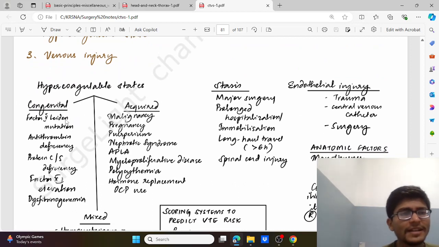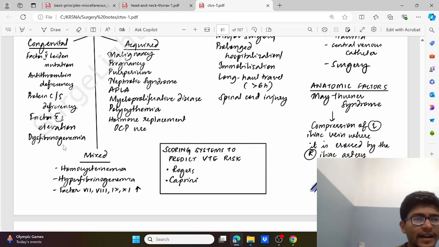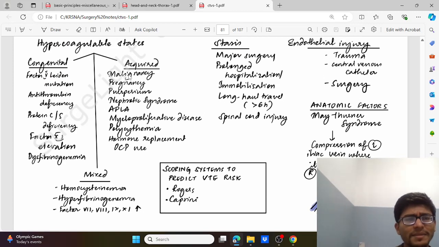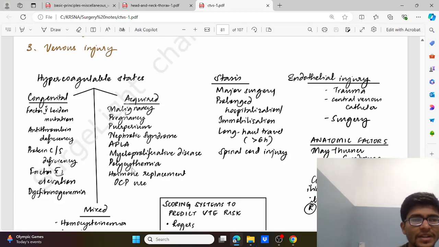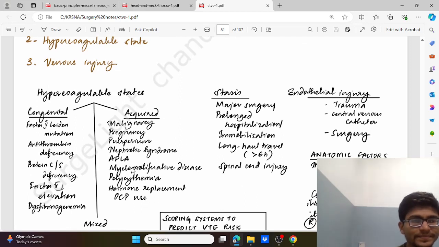Congenital causes are factor V Leiden mutation, antithrombin deficiency, protein C and protein S deficiency, factor XI elevation, dysfibrinogenemia. Acquired causes are malignancy, pregnancy, puerperium, nephrotic syndrome, APLA, myeloproliferative disease, polycythemia, hormone replacement, OCP use, and mixed causes in the form of homocysteinemia, hyperfibrinogenemia, and increased factors VII, VIII, IX, XI. So these are all the causes of a hypercoagulable state.